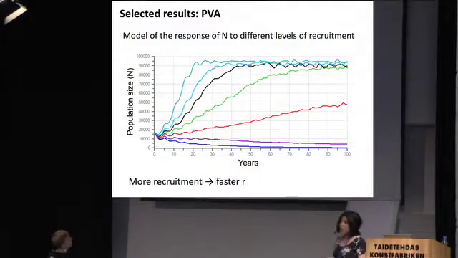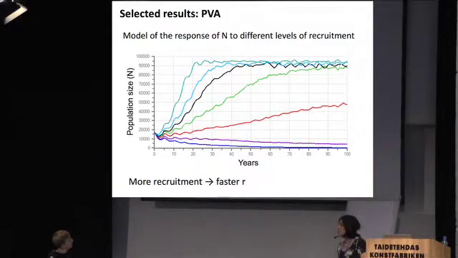So what we did is see the response of the population size with varying levels of recruitment that were in the range of what was reported in the literature for another similar species. And what we see is that the more recruitment, the faster the population growth.